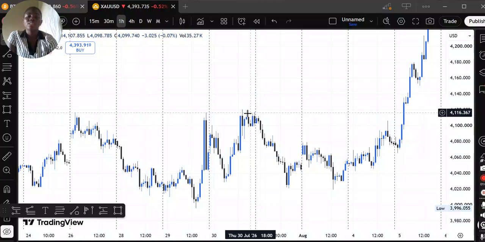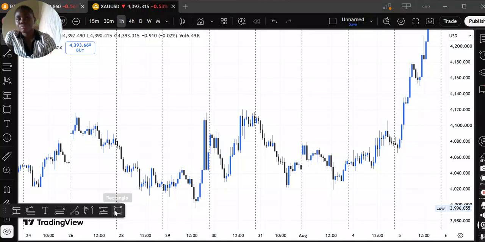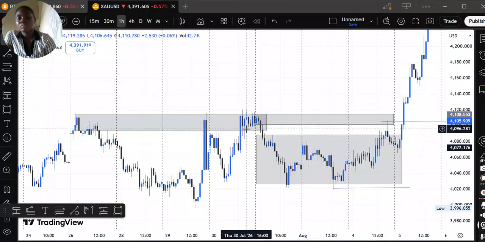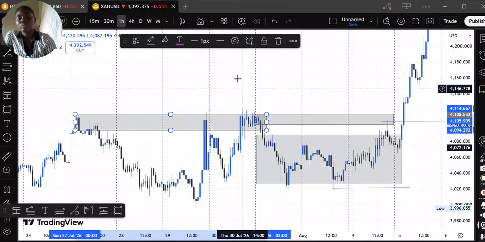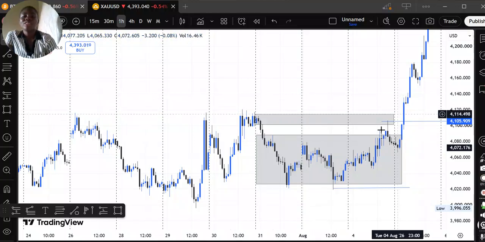There's another block in this area, and then let's mark it out. So you can see all these points. There was an order block here, it got mitigated, got retested again. But if we cancel this part out, you can see this is a new order block, right?